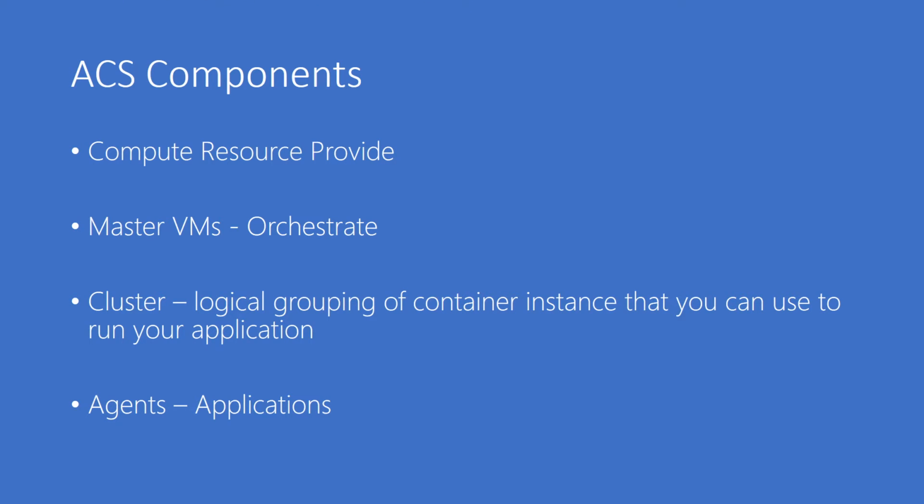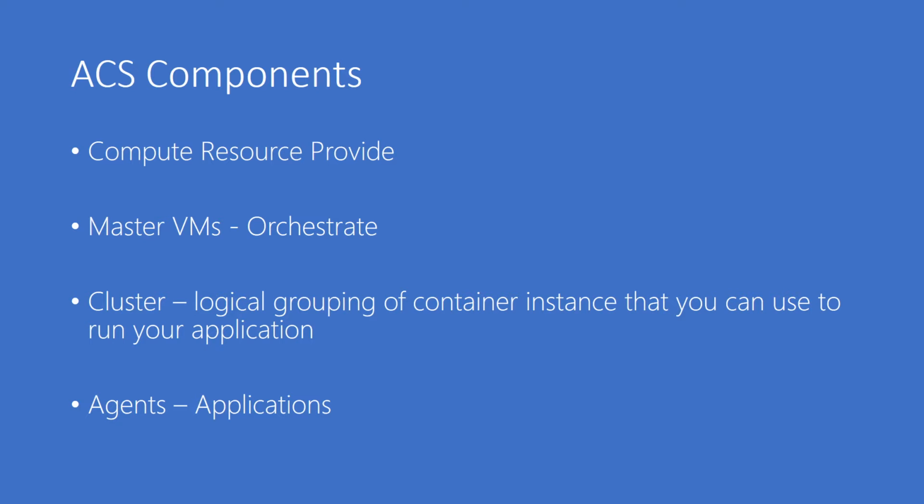So ACS is an Azure Compute resource provider, container management service that makes it easy to run, stop, and manage containers on a cluster of Azure virtual machines, together with a master VM that is used to orchestrate your application containers, which are your agents. So basically, ACS eliminates the need for you to operate your own cluster management and configuration management system. It also takes away the need for you to worry about scaling your management infrastructure.